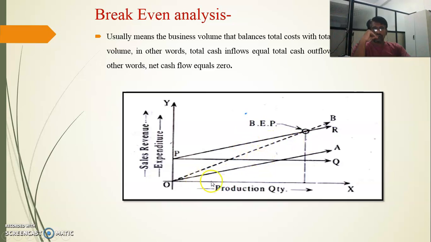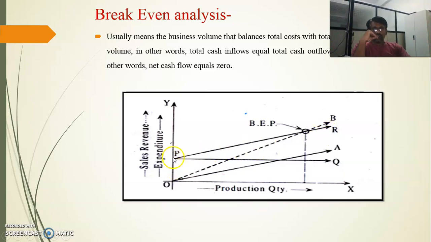Considering the two lines, PQ and OA, the effect of these two lines we can plot as the total cost with the help of line PR.